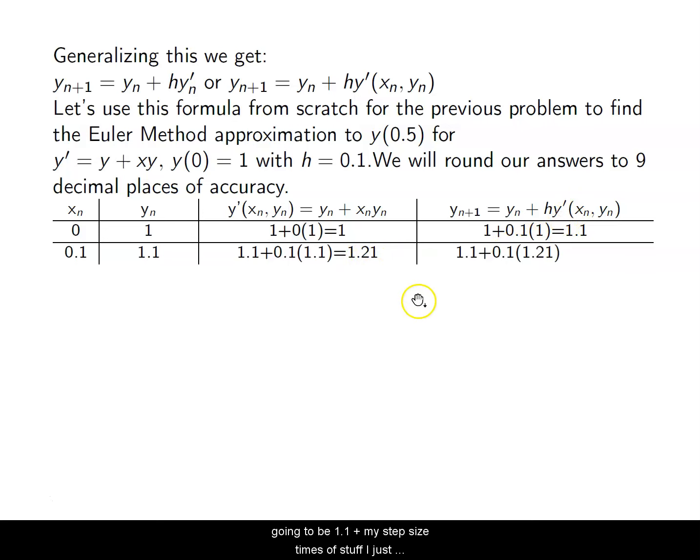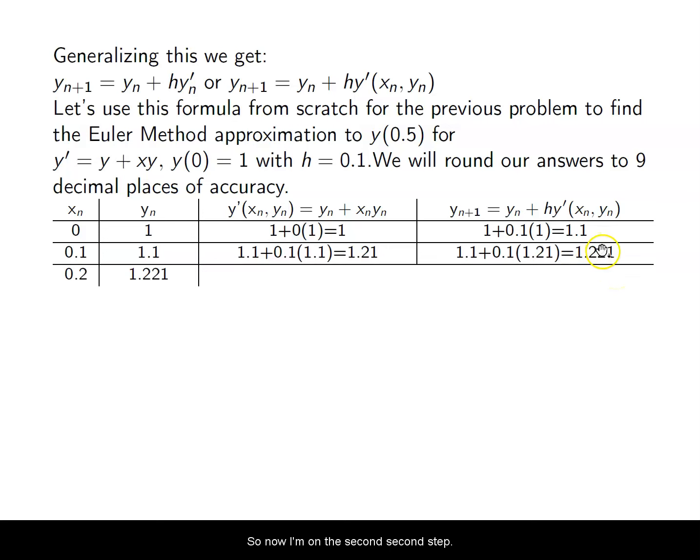So that's going to be 1.1 plus my step size times the slope I just computed, and I get 1.221. So now I'm on the second step. I have an approximation at that second step at 0.2 of 1.221.